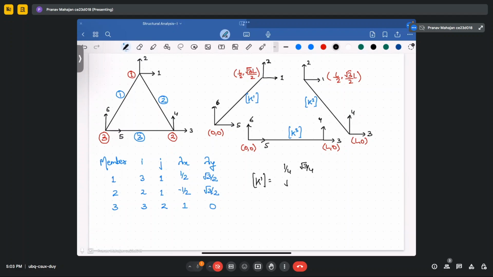Here again it will come, and here it will come as 3 by 4. Now on this side it would be minus. Again it is minus, and here it would be plus.